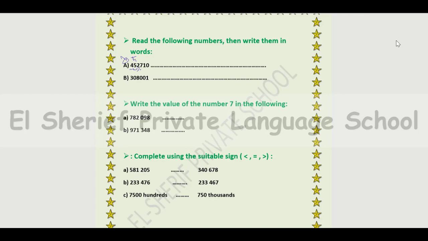So 400, write 400. 52, write 52. All number in family of thousand, so we must write thousand.